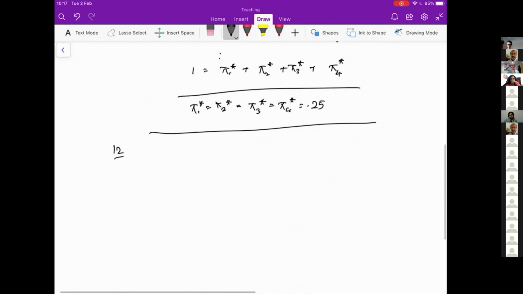So the residence times are going to be 1 over 1 minus 0.8 for states 1 and 4, which is 5. And for the other two states it's 1 over 1 minus 0.6, which is 2.5. So this is the expected residence time in states 1 and 4, and for states 2 and 3.